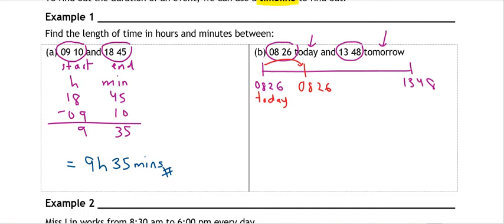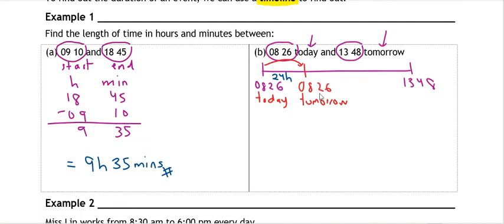So this is already the day for the end time. Here, between these two times, it is actually 24 hours, because one day has passed. So today and tomorrow, the difference is 24 hours. Remember that.